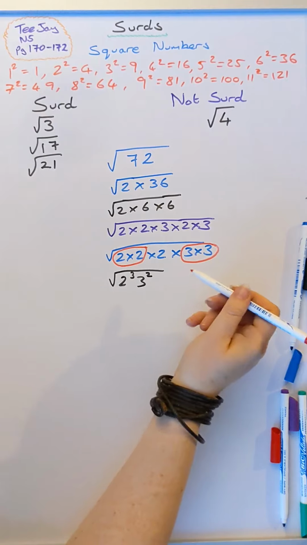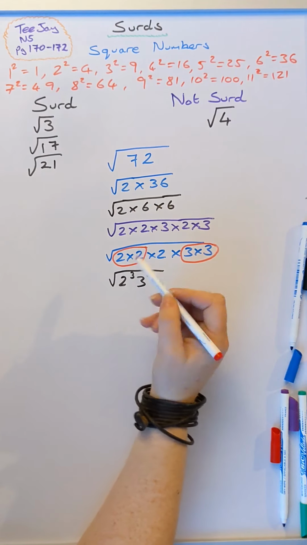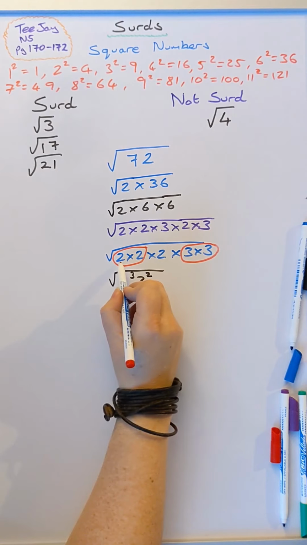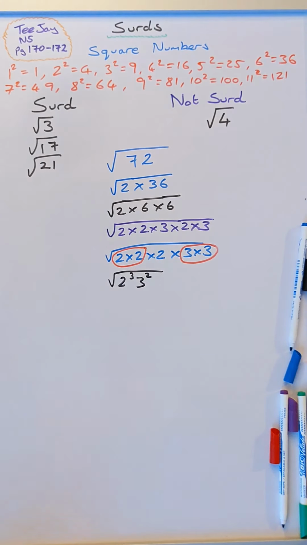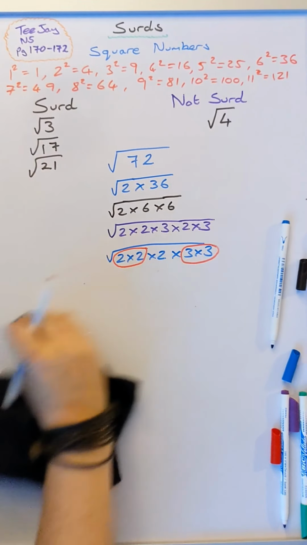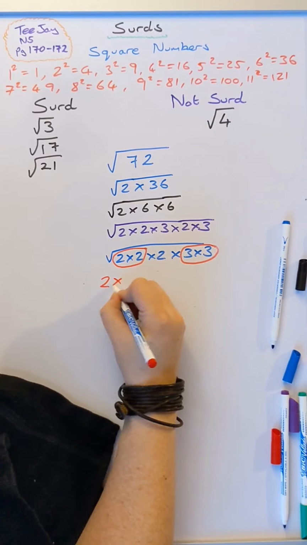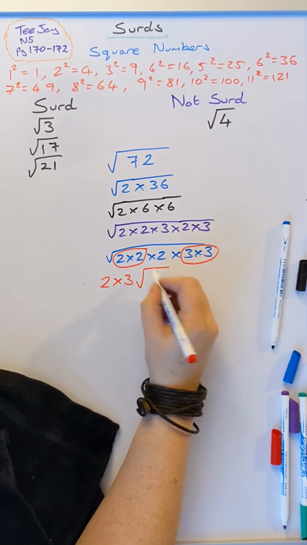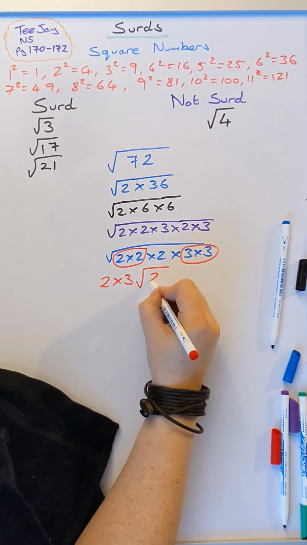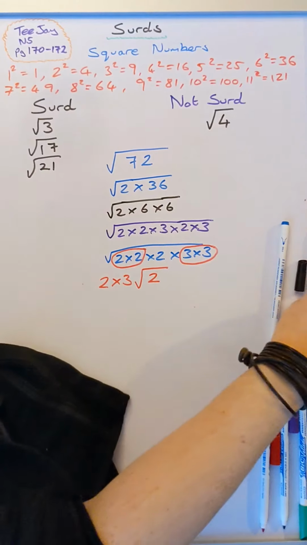And what happens is pairs come out the front, but they come out the front as their single digit because we are square rooting them. So what we get is 2 times 3 out the front, square root of what's left. 2 times 3 is 6.